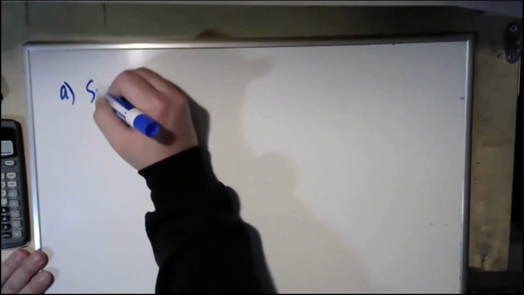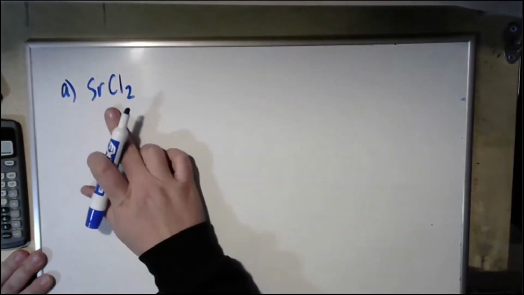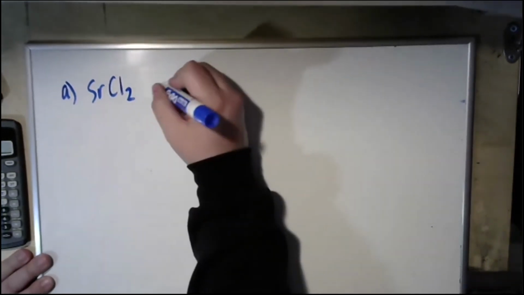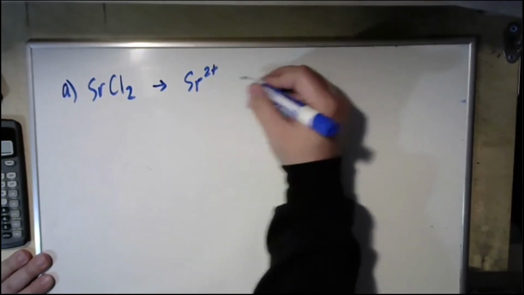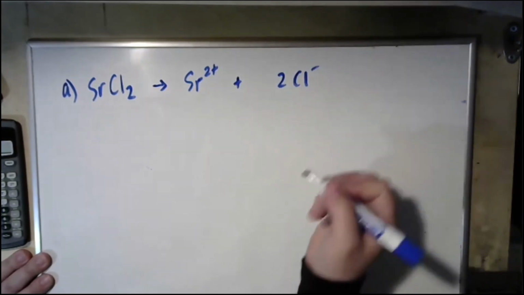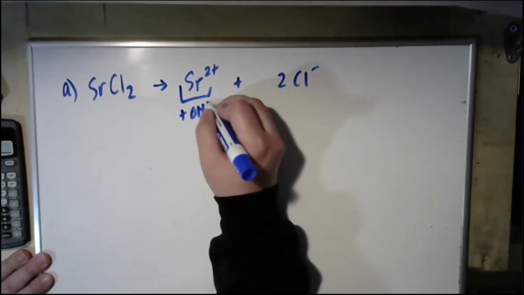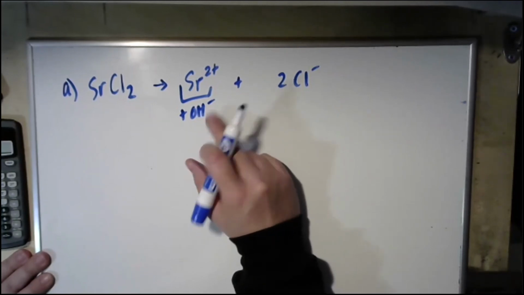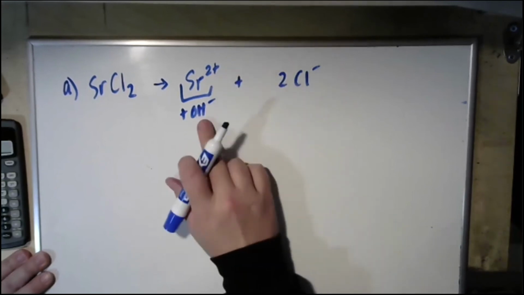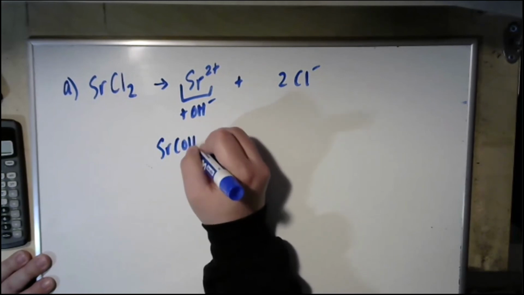So starting with the strontium chloride. First, you're going to break this up into its ions. So we have a strontium ion and we have chloride ions. You're going to take the cation and see if it creates a strong base when you add hydroxide to it. So if I have the strontium ion and I form a base with it, I end up with SrOH2.